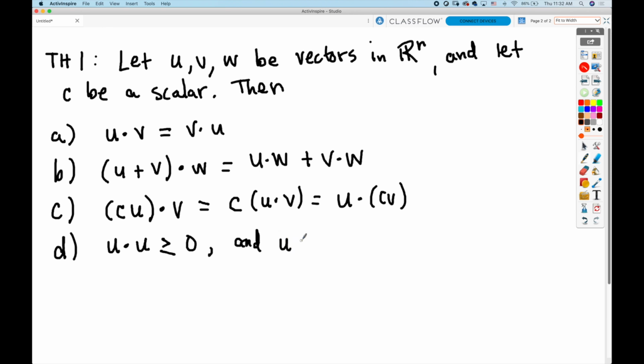And U dot U is equal to 0 if and only if U is the 0 vector. Okay, so this is my first theorem.